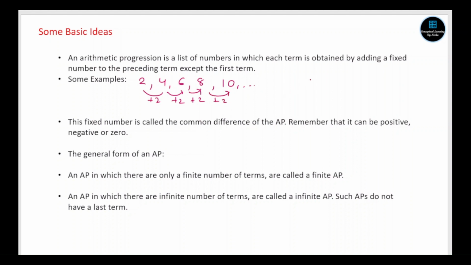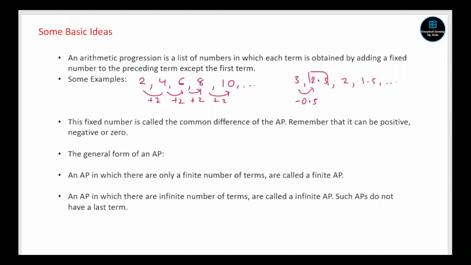Alright, one more example. Let's say 3, then 2.5, 2, 1.5, and so on. Here the common difference is, I take the second term and subtract the first, so the common difference is minus 0.5.